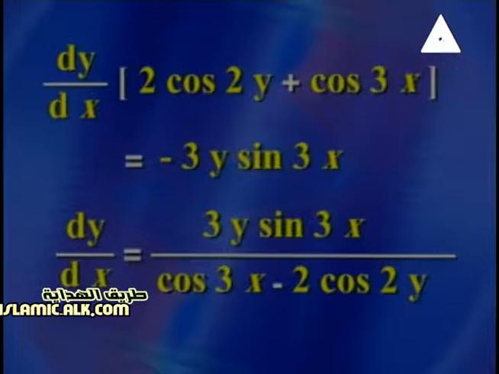Remember, dear student, the right-hand side is negative. In the denominator we take the negative highest common factor and simplify negative with negative. The answer is dy over dx equals 3y sine 3x in the numerator over cosine 3x minus 2 cosine 2y in the denominator.